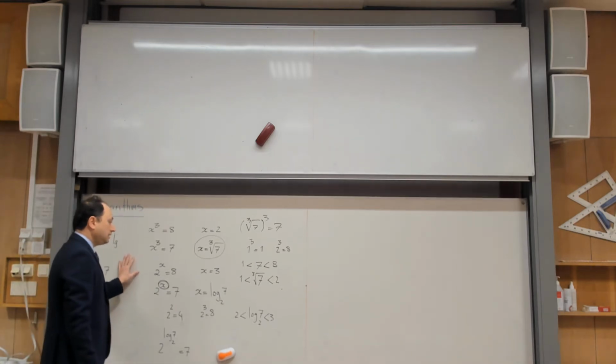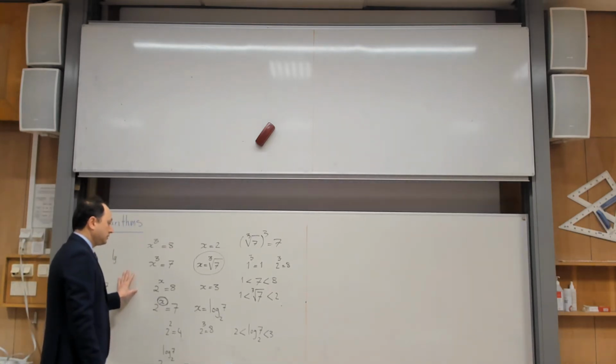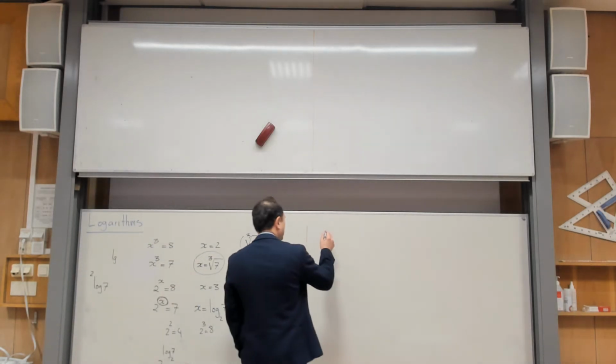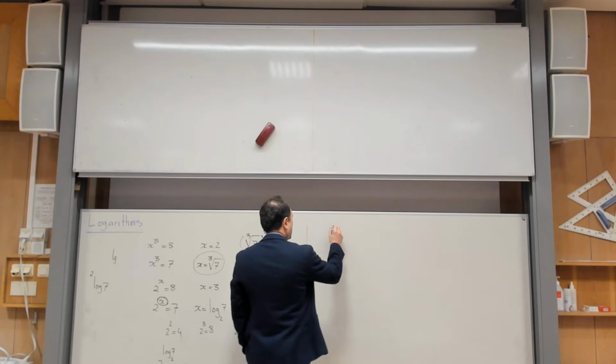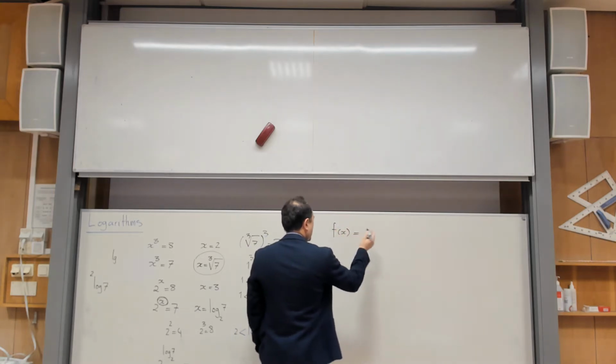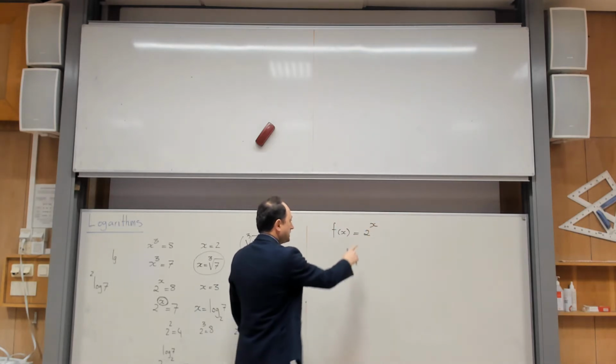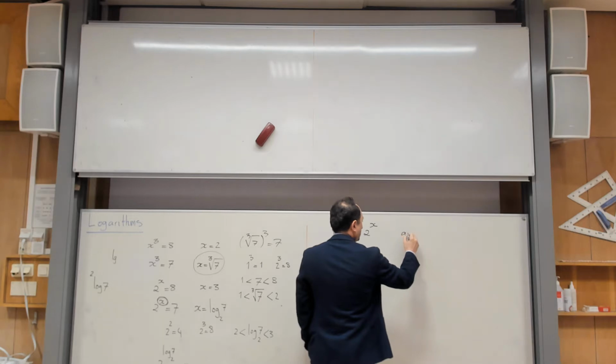Okay, and now let me try to motivate you a little bit more. For example, let us consider a function. Let me write this function f of x. Let me work with 2 to the power x. This function is called an exponential function.